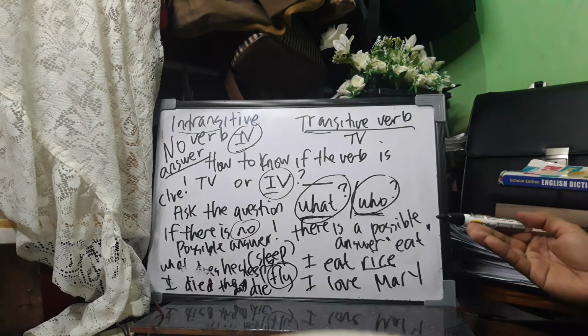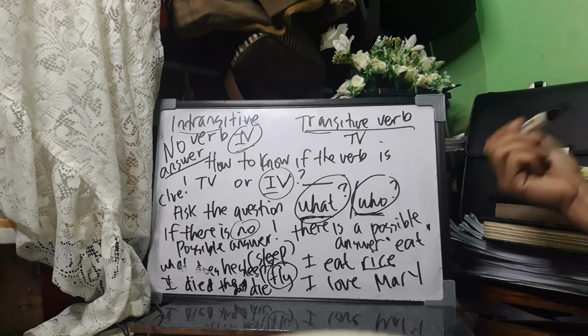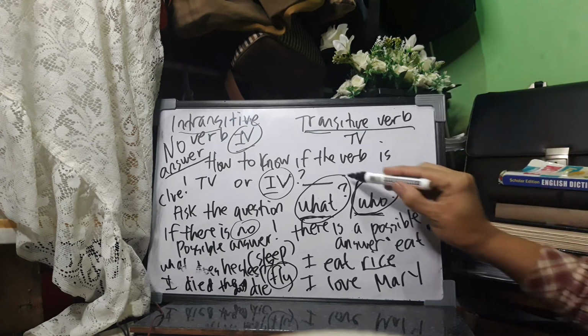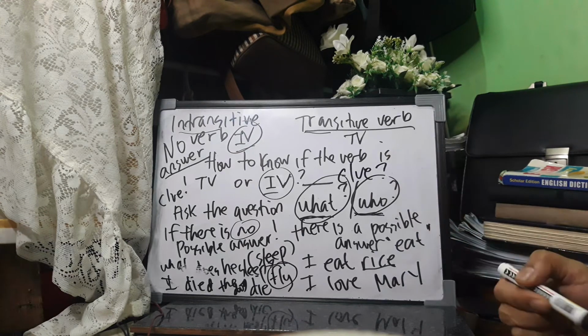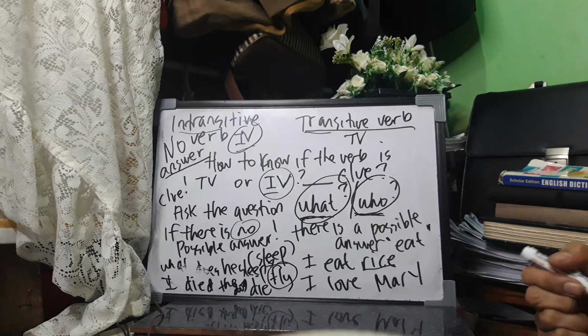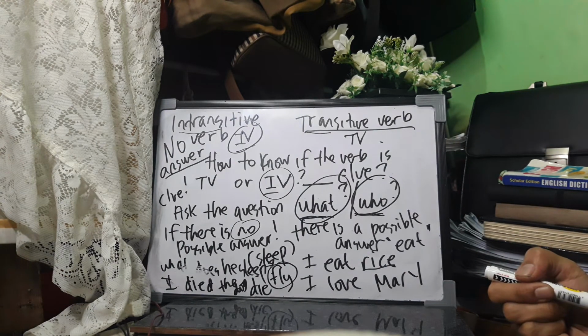How do I know if the verb is intransitive, or transitive? You ask the clue what and who. If there is no answer, intransitive. If there is an answer, then that is a transitive verb.